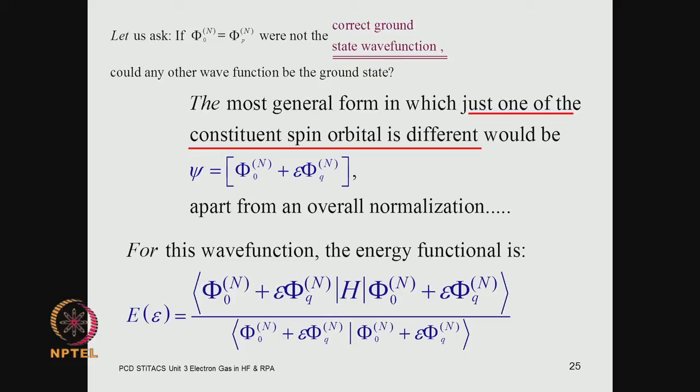Then the corresponding energy functional is just the expectation value of the Hamiltonian in this state, and you should make sure that it is divided by the norm of this new state, because if epsilon is not equal to 0, then it is the sum of the squares of the coefficients of phi 0 and phi q which will add up to unity. Okay. So, you have to divide it by the norm. So, this is the energy functional for this new state.